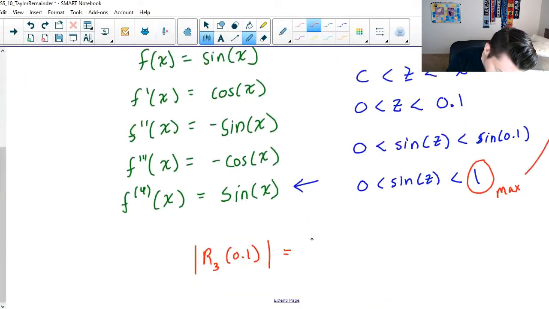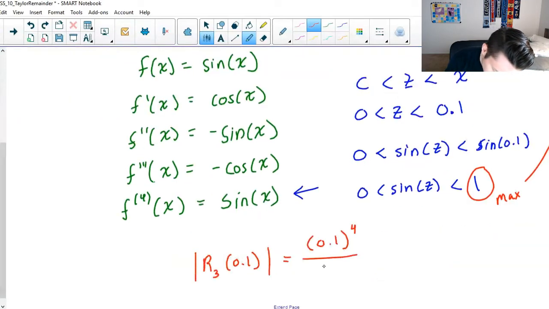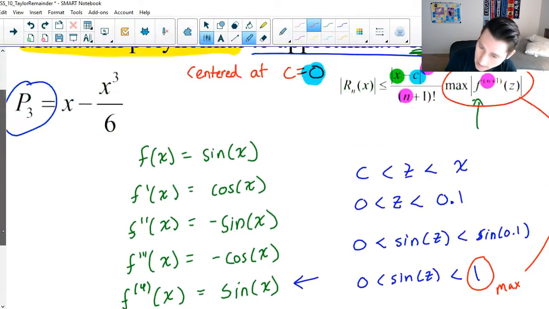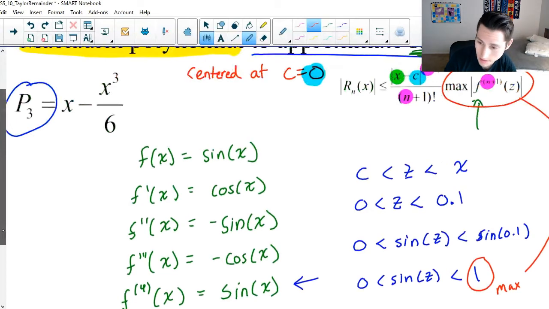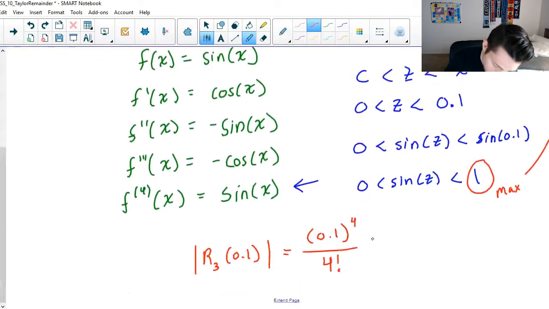Okay, great. 0.1 minus 0 is 0.1. To the power of n plus 1, so to the fourth power, divided by n plus 1 factorial, so divided by 4 factorial. And then times that maximum, but like we just determined, the maximum value is 1.